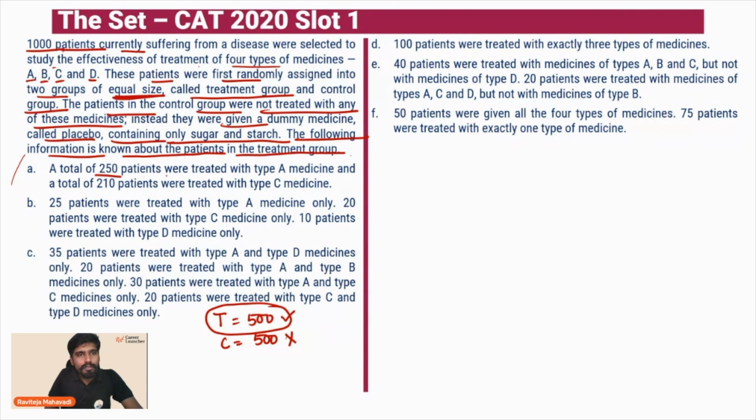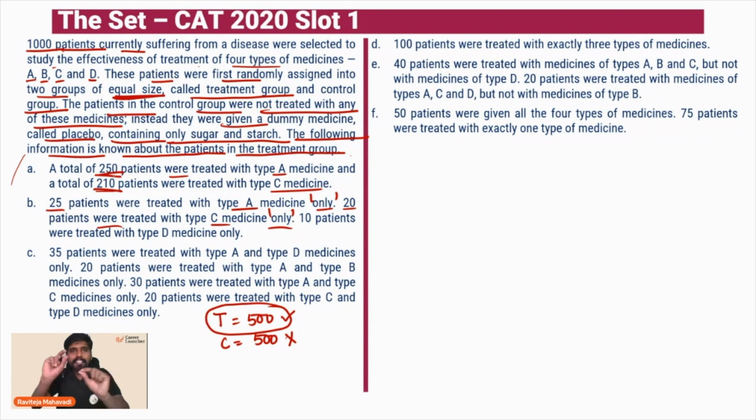A total of 250 patients were treated with type A medicine, 210 with type C medicine, 25 patients with type A medicine only, 20 patients with type C medicine only. So this is giving me, देखो जब पेपर में क्वेश्चन आएगा बोल के नहीं आएगा सेट थियरी का क्वेश्चन है, it won't tell you that I am coming from set theory, but you need to understand when you look at these kind of points, only this is a total.